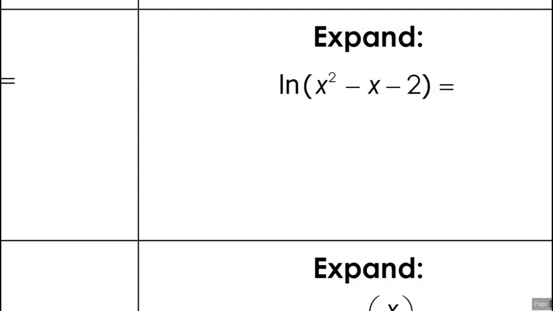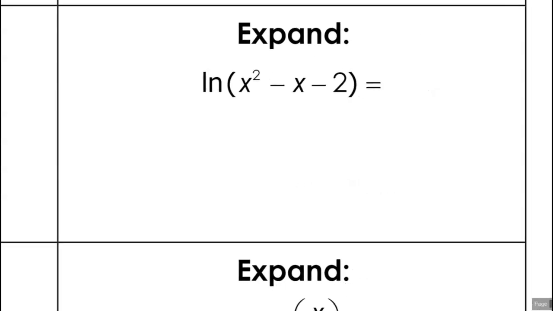How do you think we can take x squared minus x minus 2 and make it into two terms being multiplied? How can we rewrite it as two terms being multiplied together?